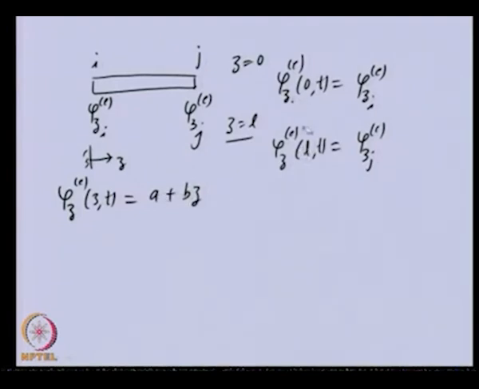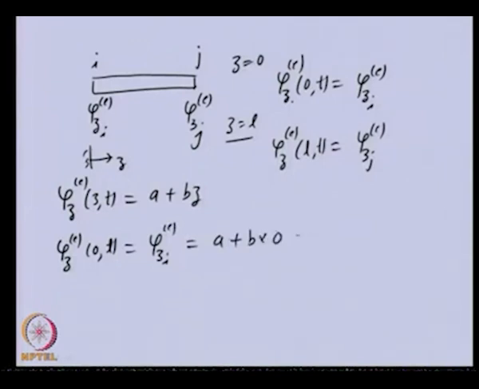In that way we can obtain the explicit form of A and B in terms of these nodal displacements. If we satisfy the first condition here, we get phi z I for the element, A plus B into 0.